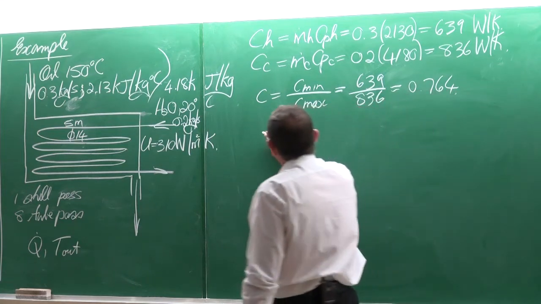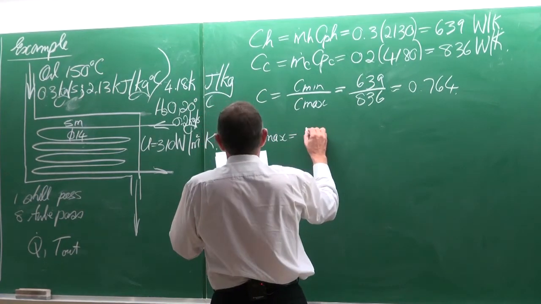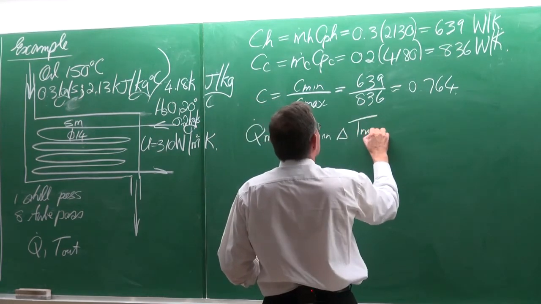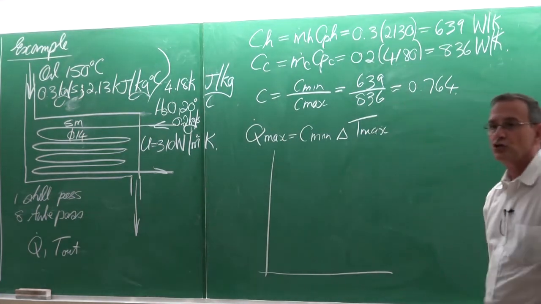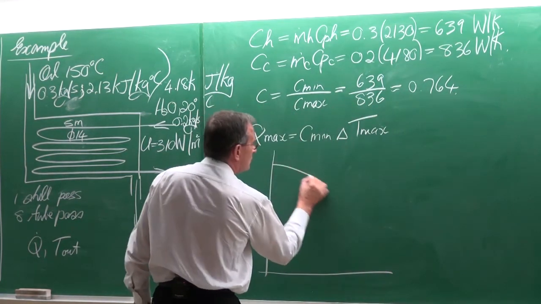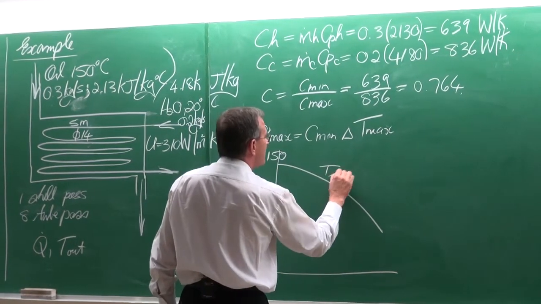Okay. Q max would be equal to C minimum multiplied by delta T max. Let's draw the two temperatures here. We've got on the hot side 150.